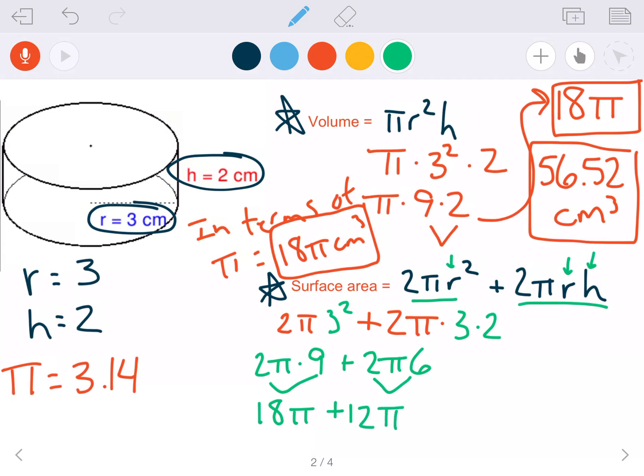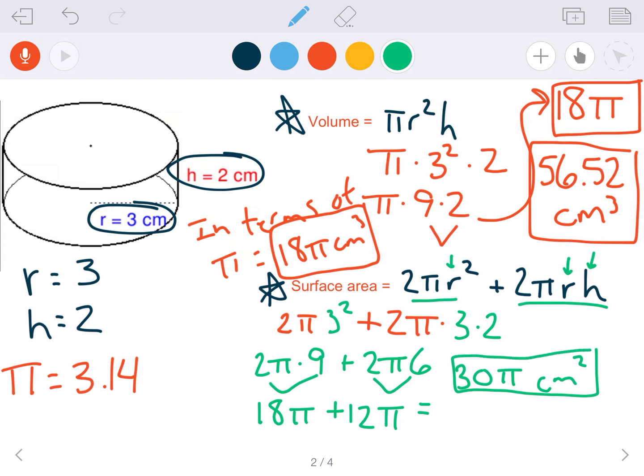Again, if I want to know what my answer is in terms of pi, I'm going to take 18 plus 12, and 18 plus 12 is going to give me 30. So if I want my answer in terms of pi, my answer would be 30 pi centimeters squared.